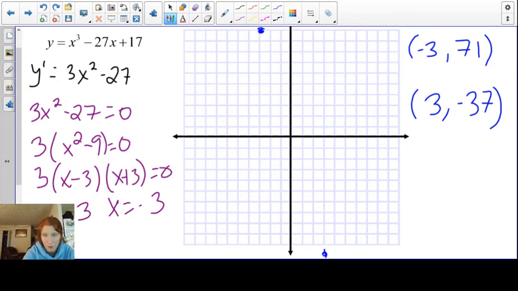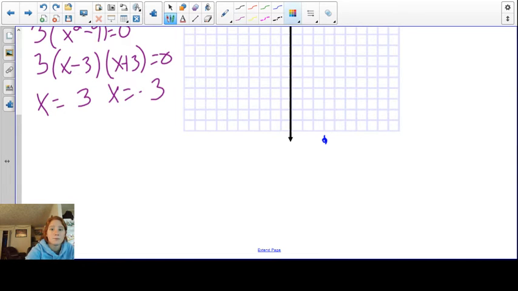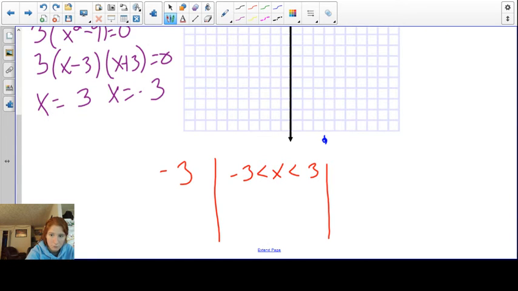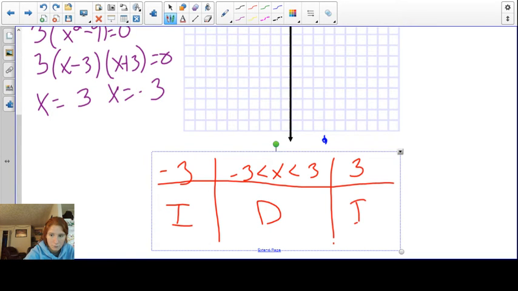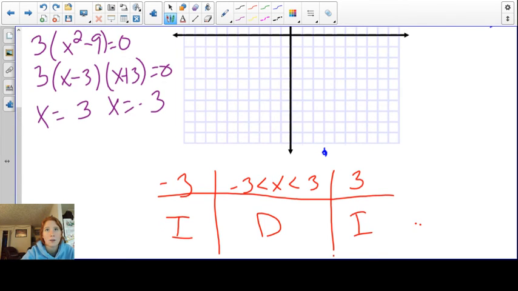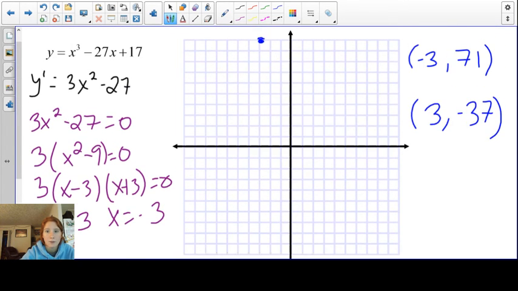Same idea with my dot down there. Okay, so I have a pattern of increasing, decreasing, increasing.